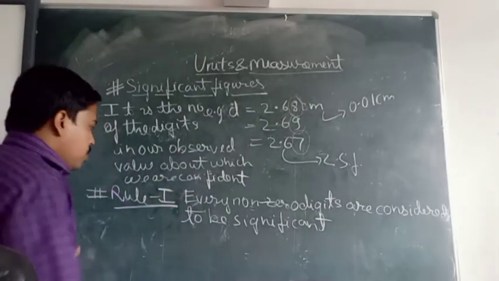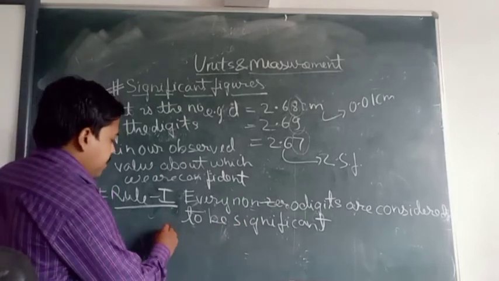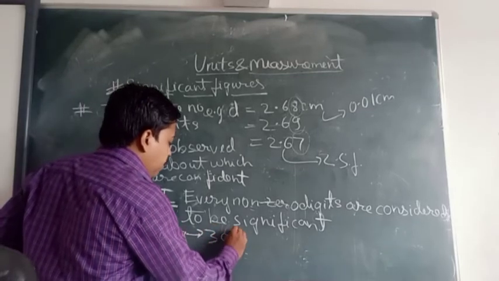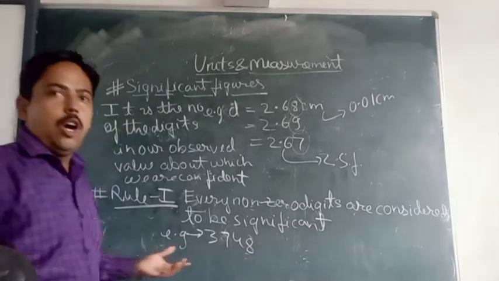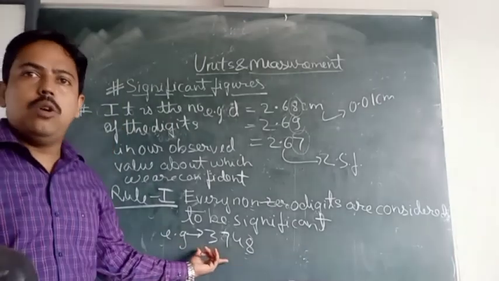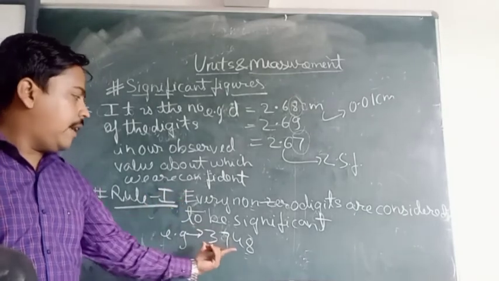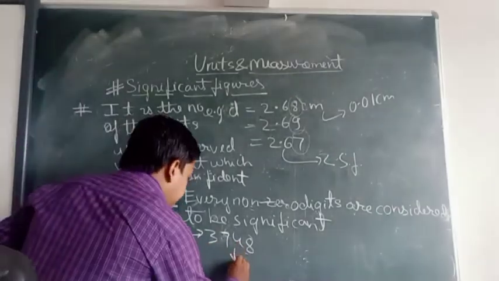For example, if I have the number 3748, how many significant figures are here? How many non-zero numbers are here according to rule number 1? There are 4, so 4 significant figures.